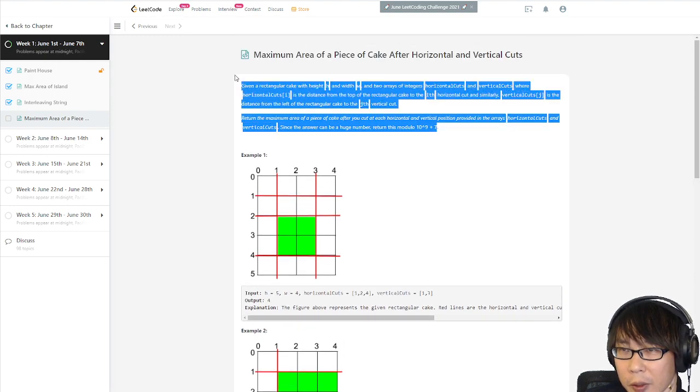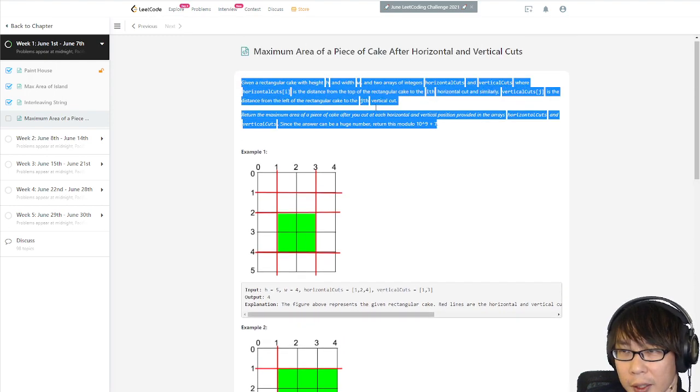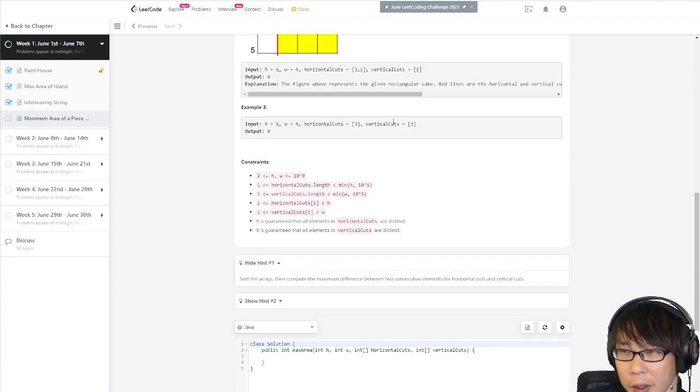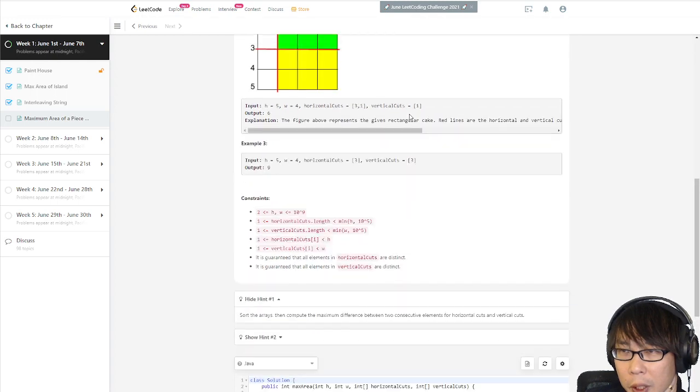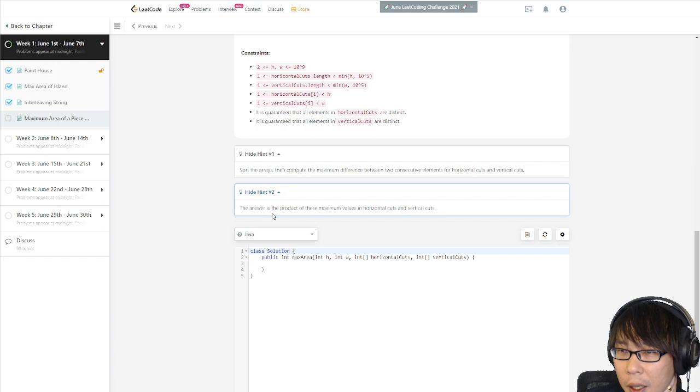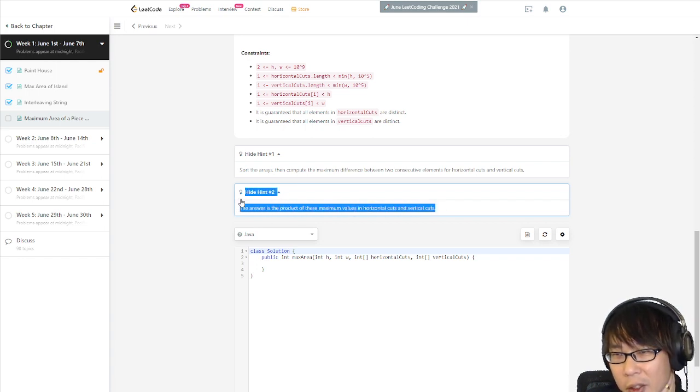The question is so long, and they never mentioned that the array is sorted. So you sort the array, and then you find the maximum distance between each two consecutive elements, and actually they already tell you the answer.